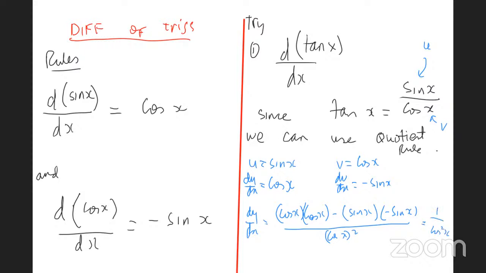And as Aidan pointed out, that is sec squared, but that's not on his syllabus. On top you will end up with cos squared x plus sine squared x all over cos squared x, which is 1 over cos squared.